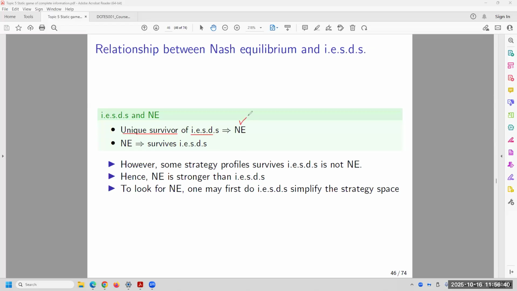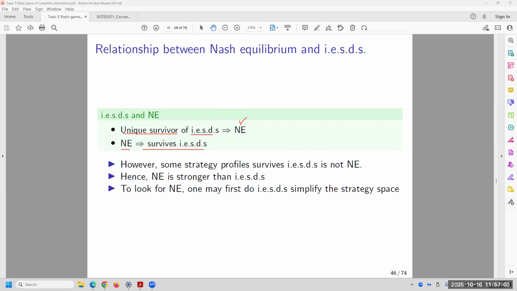That means we can always do this operation without killing any Nash equilibrium.